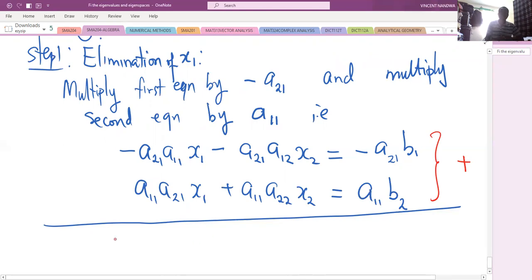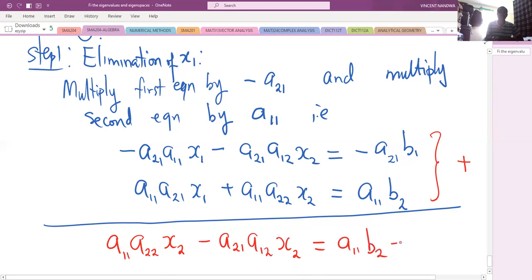So this will give us a11 a22 x2 minus a21 a12 x2 equals a11 b2 minus a21 b1.